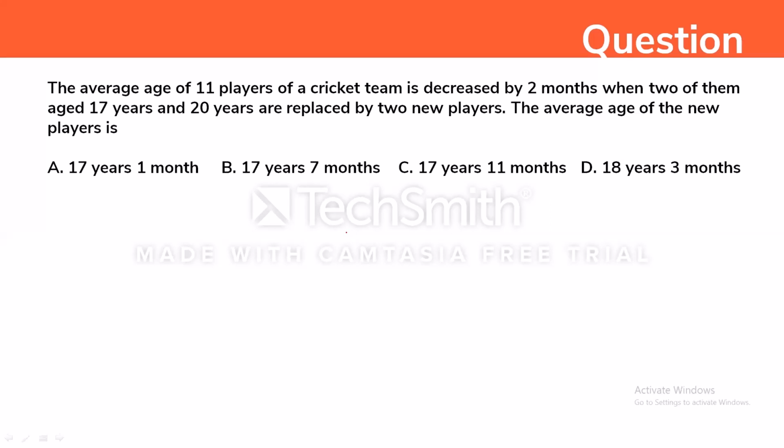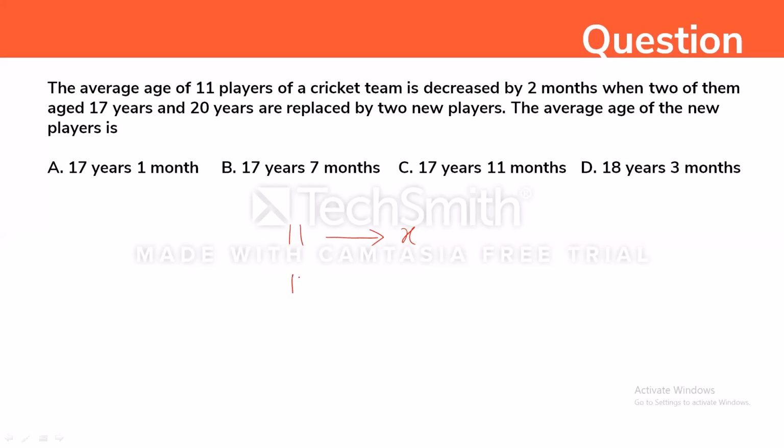The average age of 11 players of a cricket team is decreased by 2 months when two of them, aged 17 years and 20 years, are replaced. Now how many members are there? 11 members are there in a cricket team. We don't know the average. You can consider it as X or N. We have already solved a similar type of question.